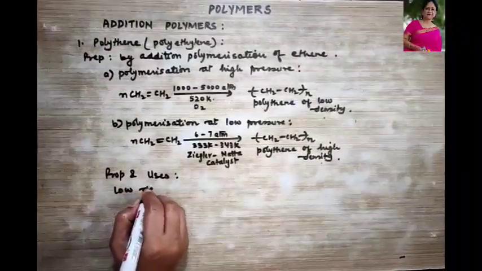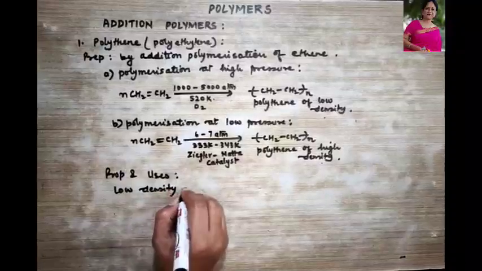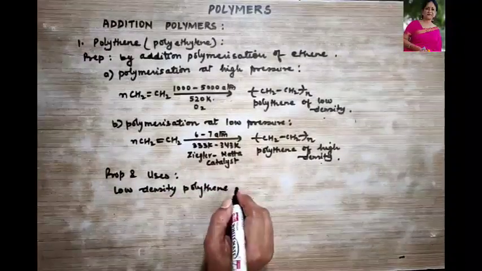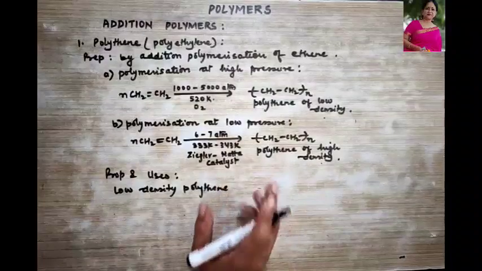Low density polythene is chemically inert, tough, and flexible.